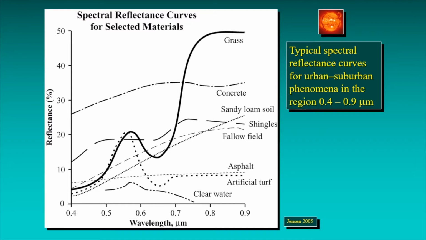So if I want to discriminate between different types of materials, I can tell from this type of plot what wavelength regions I would want to collect data in to be able to tell the difference between these different types of materials.